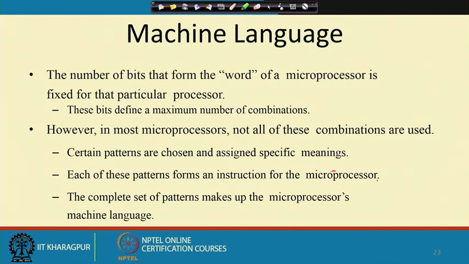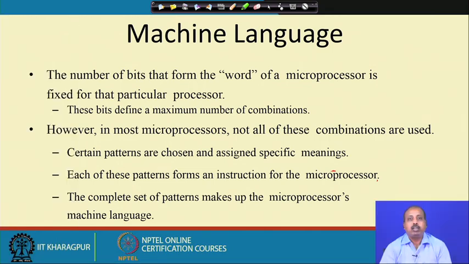Now, machine language. This is the language understood by the machine. Like we understand English, when we are writing a program we understand the language C. When I am writing a program in C, that is good for another person who knows C to understand what I want to compute.